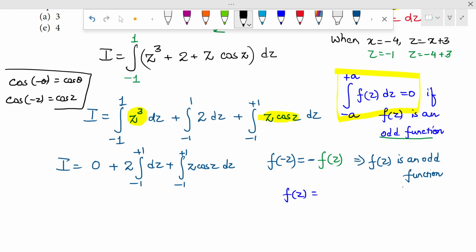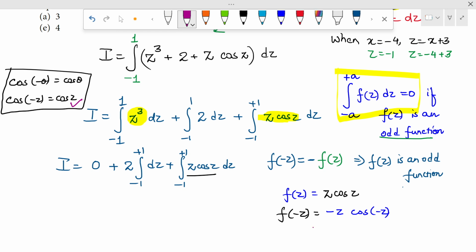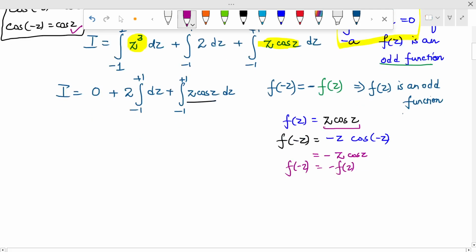We know this from our trigonometry course. So here if I take f(z) as z cos z, and if I put f of minus z, what should I get? I get minus z cos of minus z. Now cos of minus z is cos z, so I can write minus z cos z. Now if you check, z cos z is f(z). So I can write minus f of z. So clearly f of minus z is equal to minus of f(z), which means that f(z) is an odd function.